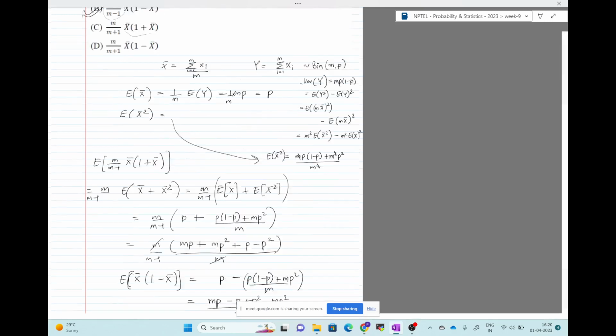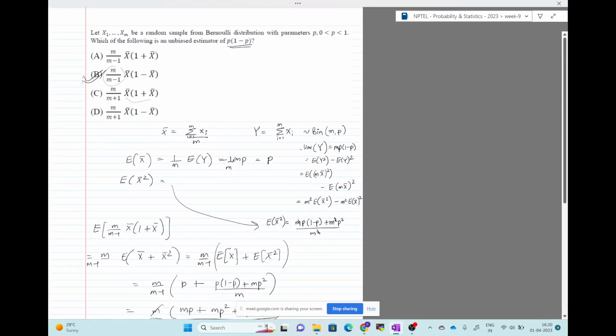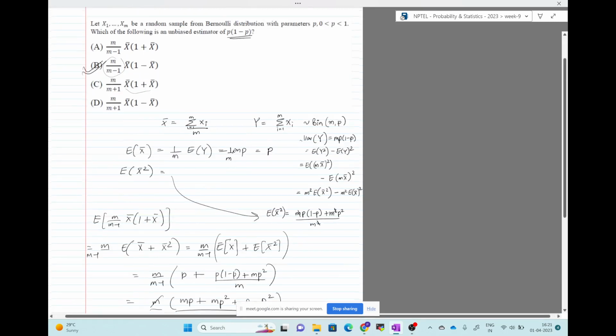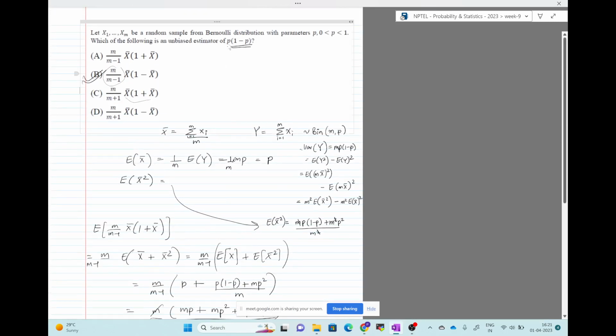We just had to check for x bar into 1 plus x bar and x bar into 1 minus x bar, because they are the only two variants, and this constant term we can just check if by multiplying that we are able to get p into 1 minus p or not.